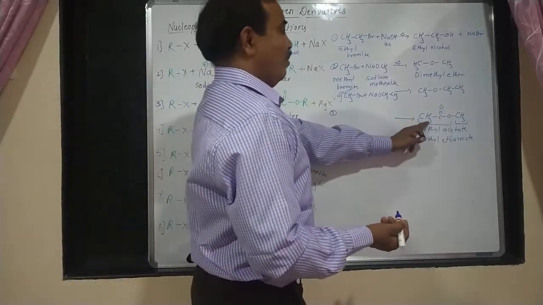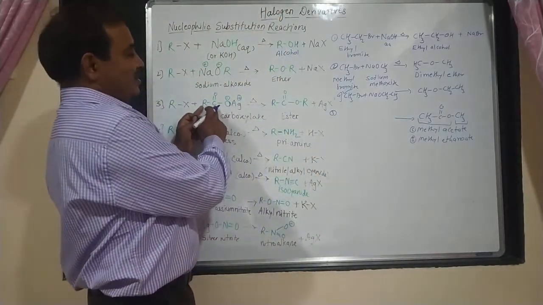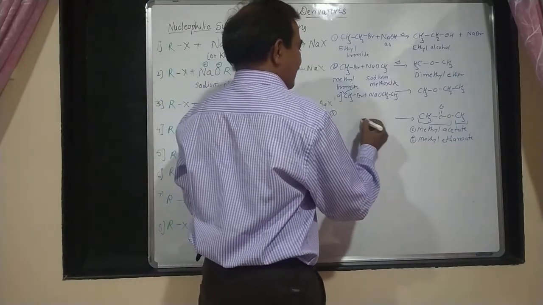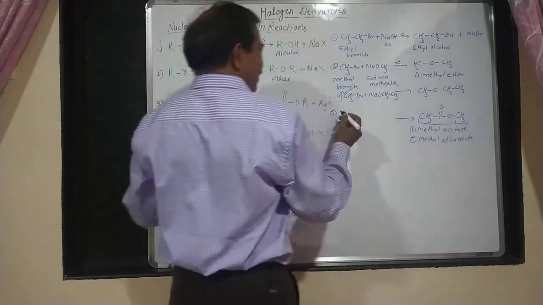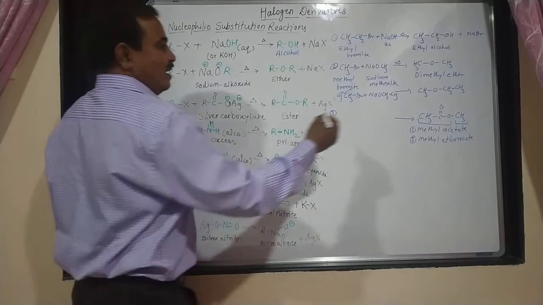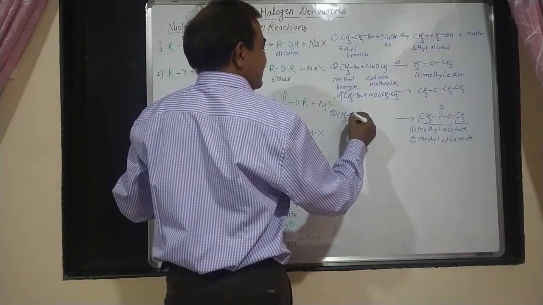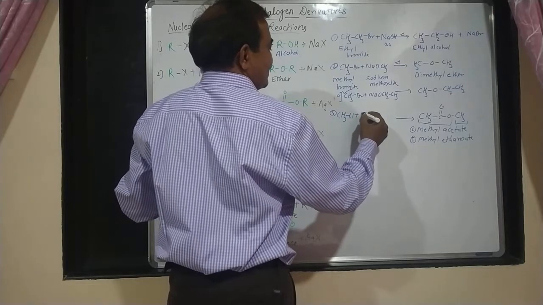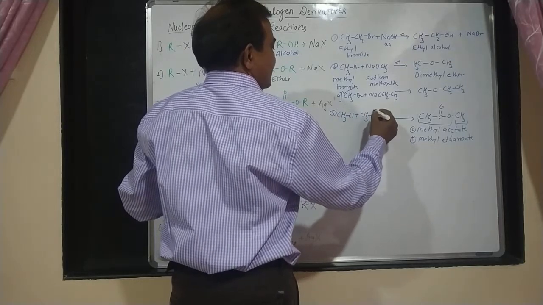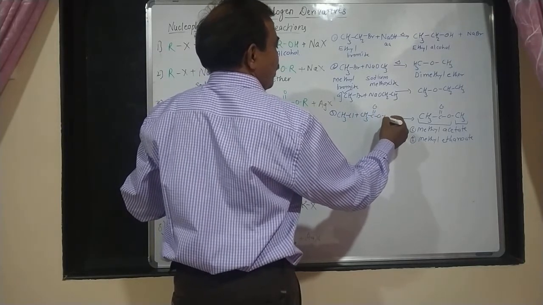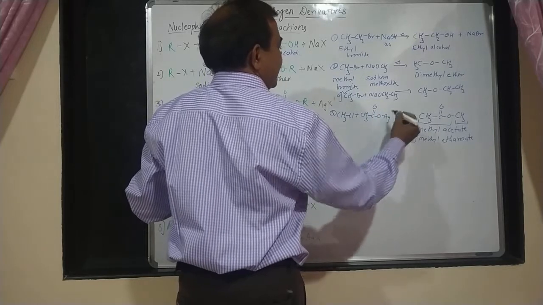Now the very simple part: the acid part you have to bring from silver acetate, and the alkyl group you have to bring from the alkyl halide. Our alkyl group is methyl, so I can take CH3Cl plus CH3COOAg and a heating sign.